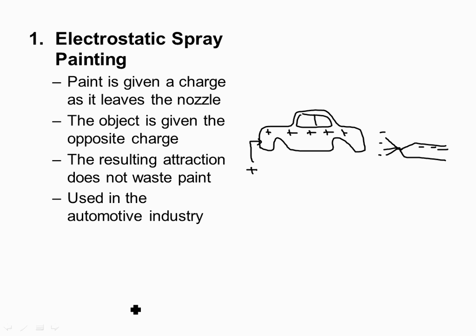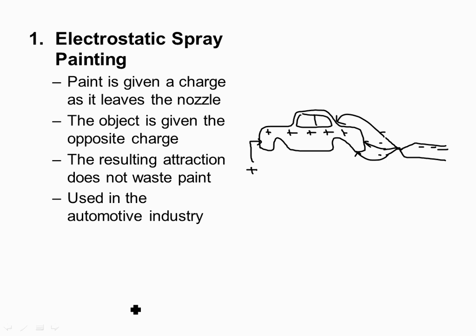And that paint then, the little drops of paint, will stick to the car, right? Not too surprising, which means there isn't any or hardly any lost paint. I would say that all industrial painting is done this way anymore. If you have an industry that's painting, whether it's cars or bike frames or pots and pans or who knows what you paint, maybe you don't paint pots and pans, I don't know, this would be done this way.